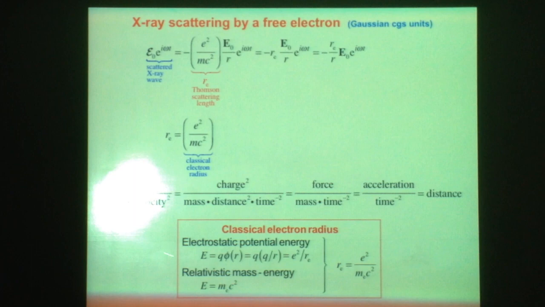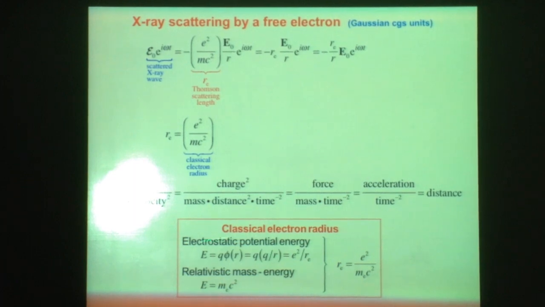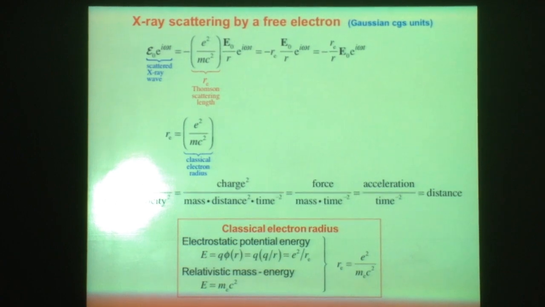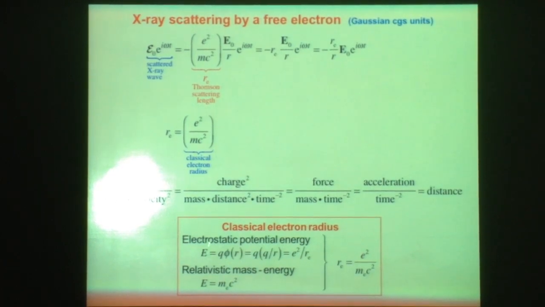So if you consider first the electrostatic potential energy that would be required to bring little elements of charge from infinity to within this sphere of radius r sub e, that gives us an electrostatic potential energy E. E is not amplitude here, it's energy. It is charge squared over the radius of the electron.